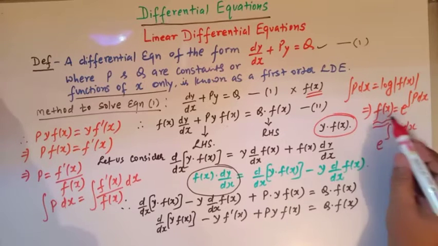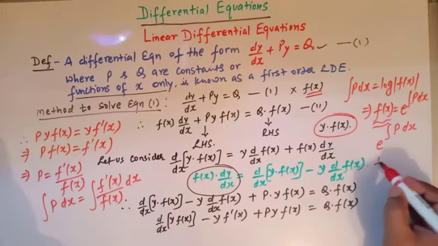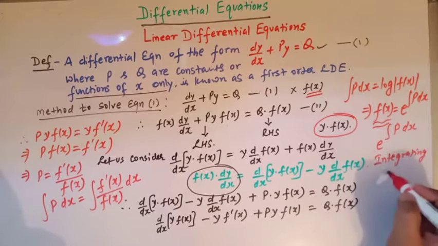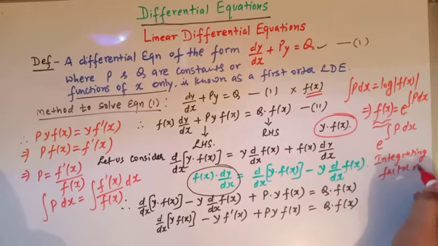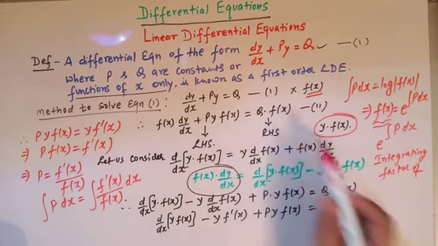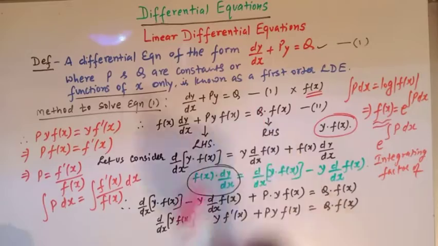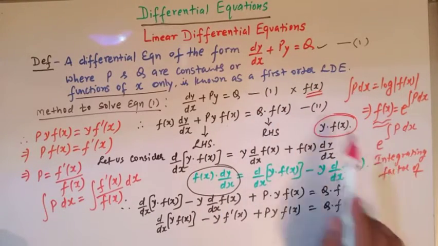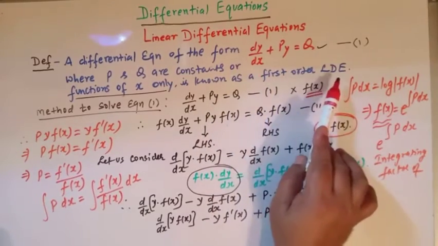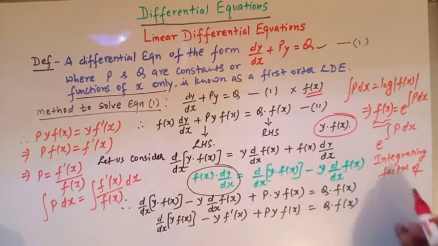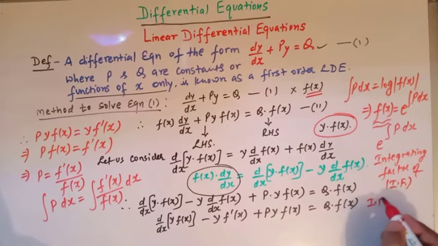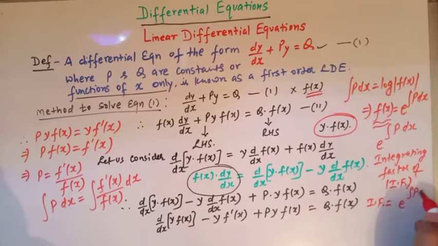And this function f of x is known as the integrating factor of this linear differential equation 1. So this is the integrating factor of the linear differential equation of first order, and this is denoted by IF. So the integrating factor is equal to e raised to integral of p.